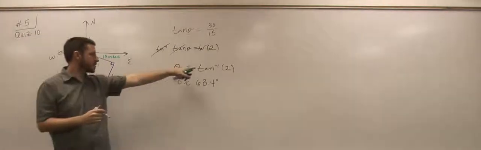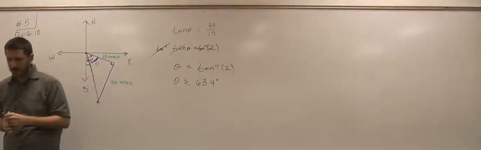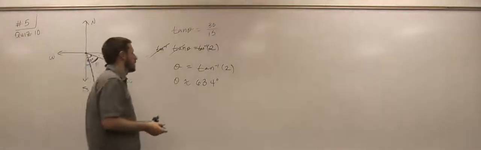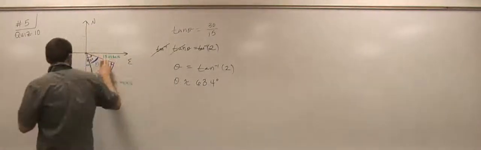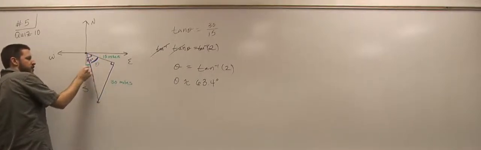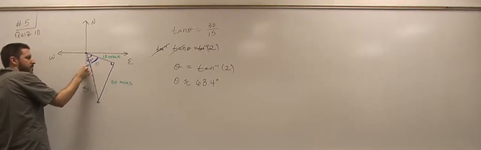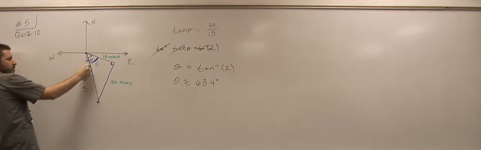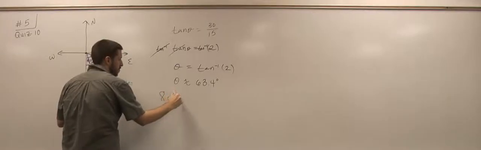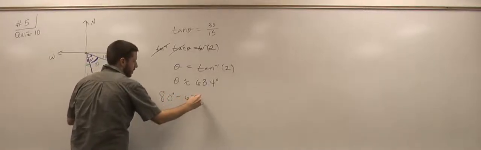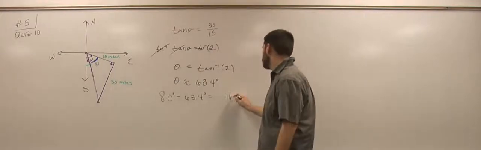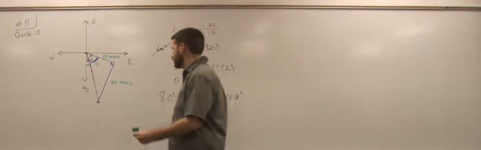So you have to type this in your calculator in degrees mode, and it should give you something like 63.4. Now that's theta, but I don't want theta. In order to get the bearing, I need to measure from the south direction. So in order to get this green angle here, my bearing, I'm going to do 80 minus 63.4, which will be 16.6 degrees.